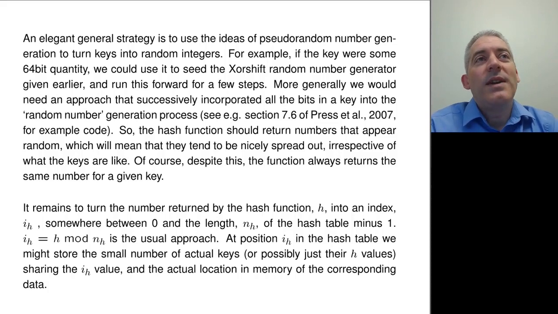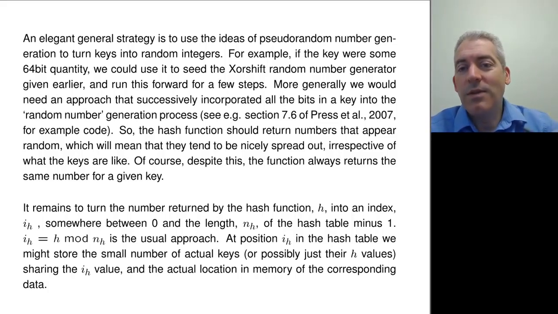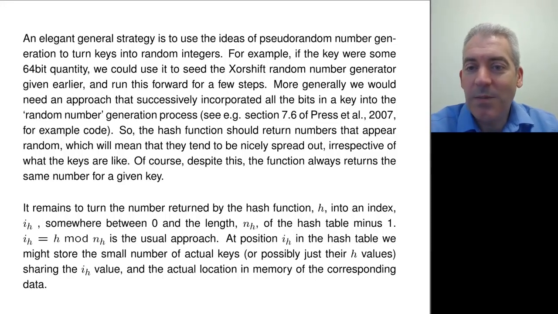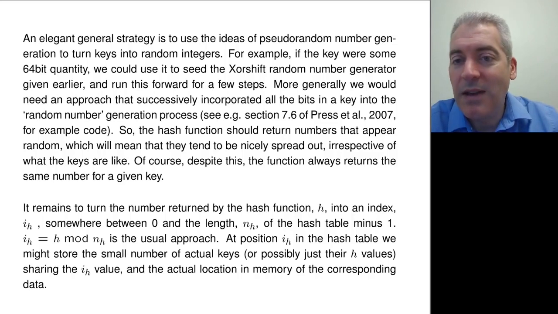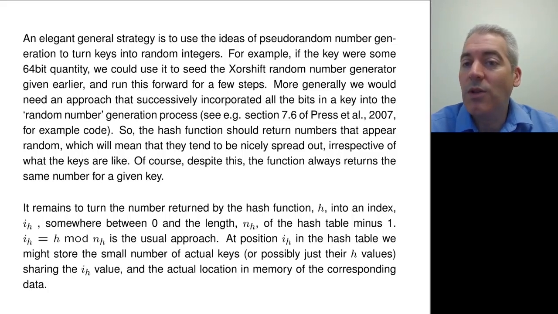The idea is that it's a purely deterministic operation. So if you were to do this again with the same key, you would obviously get the same hash, but the hash you get is essentially random and essentially uniformly distributed in the space of possible hash values, because it's been made with ideas from pseudo-random number generation, where that was exactly the requirement we had there: you got a number that looked uniform.